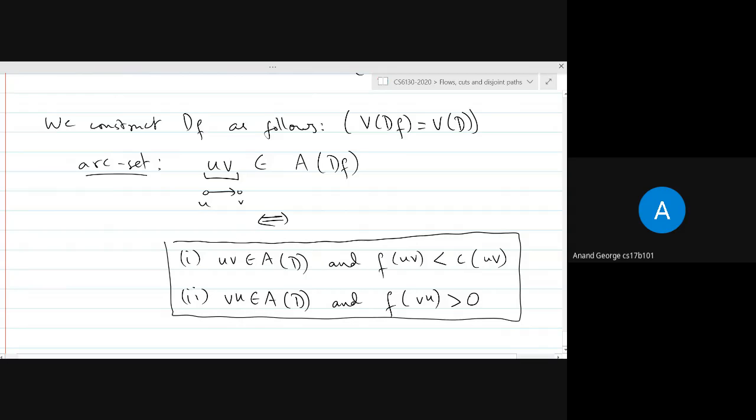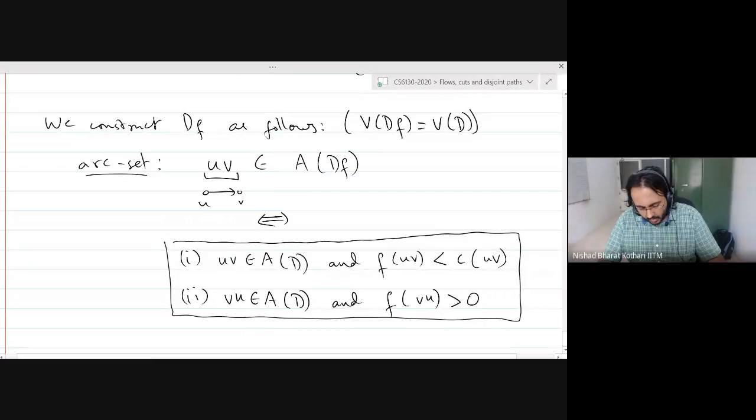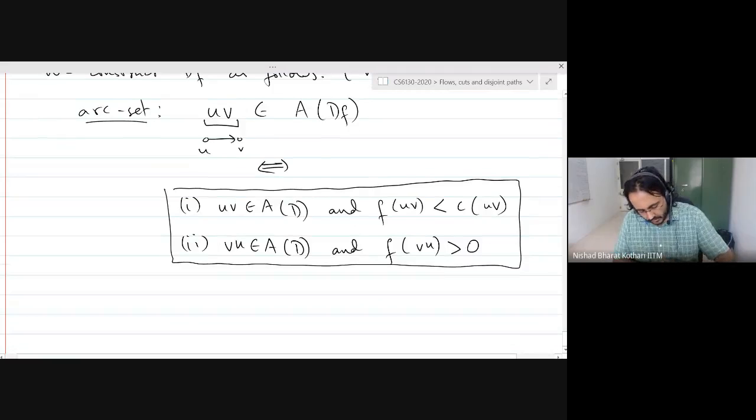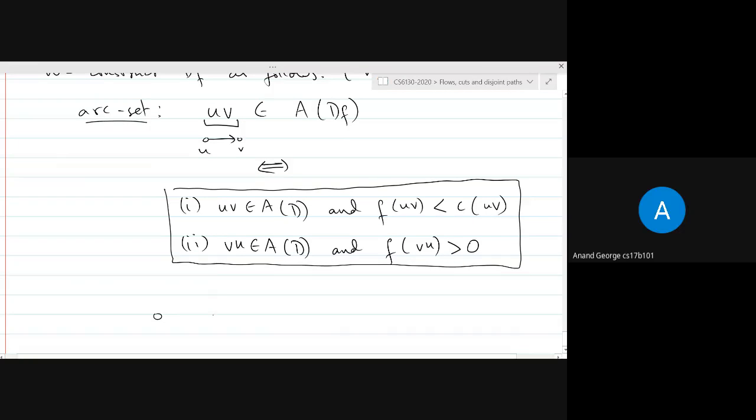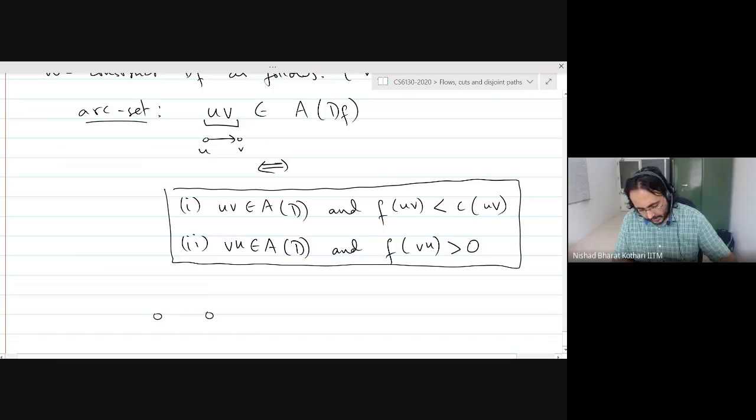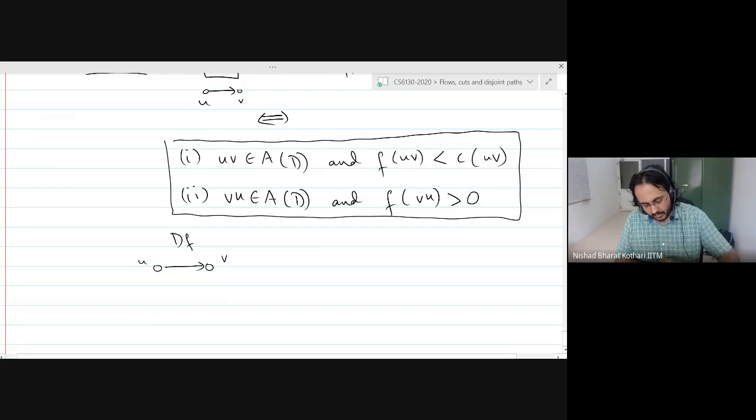So for the second condition, shouldn't it be f of u to v? Let's see. When you're adding a reverse edge. Right. So we are adding the arc from U to V in our directed graph in Df, the auxiliary graph. So the two cases are either this was already an arc, like 1 comma 2, for example.